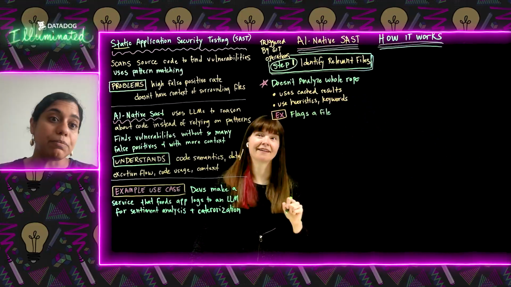And so in this example case, we flag that, hey, there's a file here where there's an input that is being passed in directly into this function, and it's going straight into an LLM prompt. It doesn't look like there is anything else happening. We're literally taking raw text and just putting it directly into a prompt.